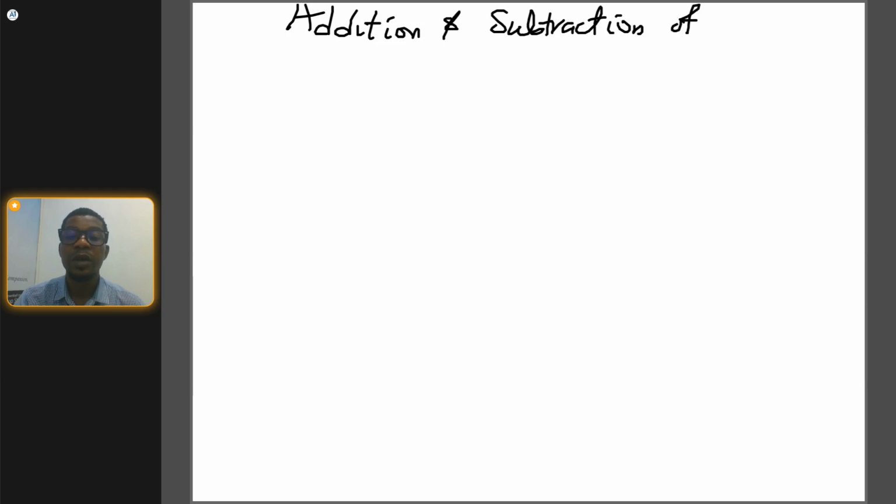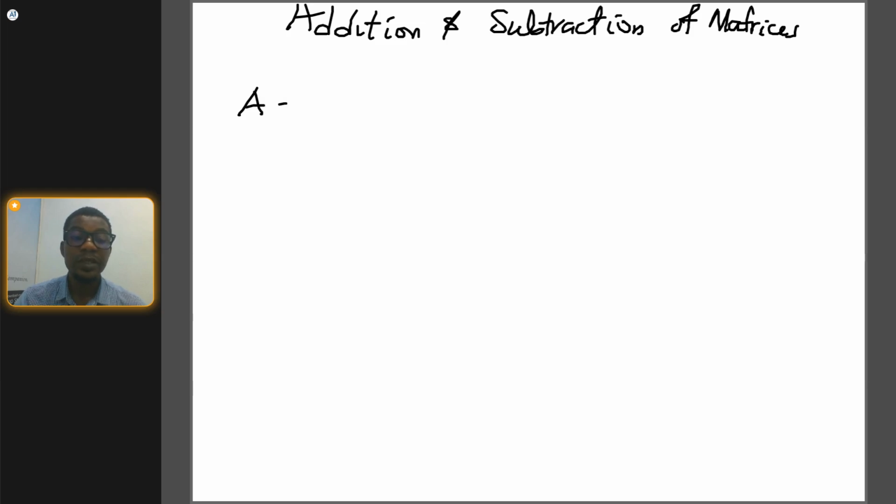Still on the addition and subtraction of matrices.